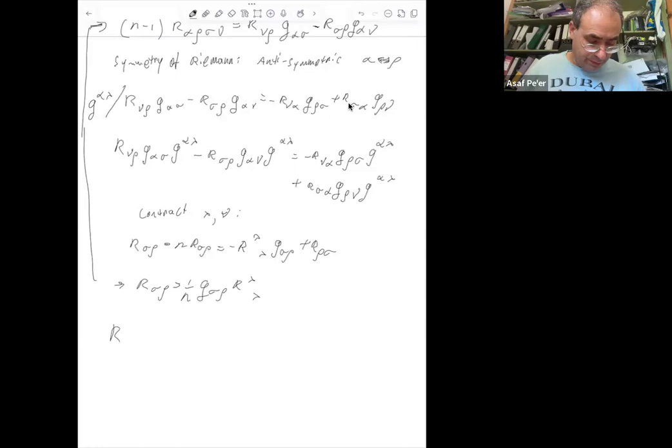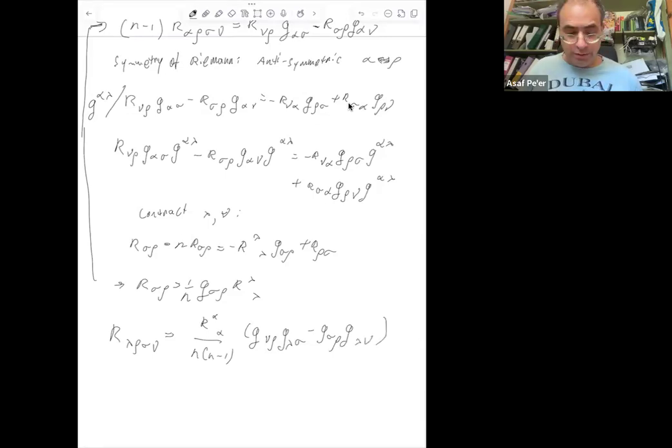Write down that R_λρσν is R^α_α over n minus 1, (g_νρ g_λσ minus g_σρ g_λν).